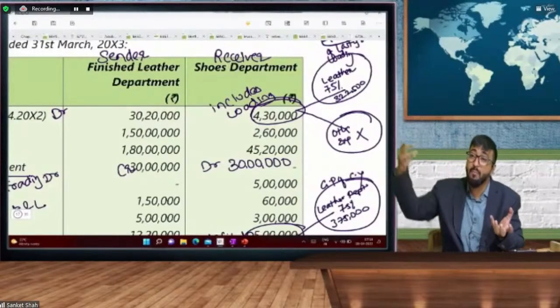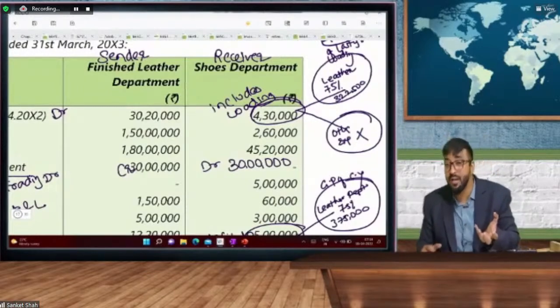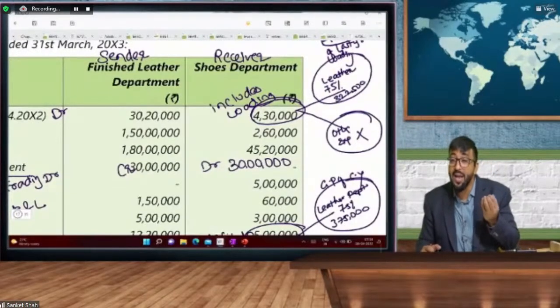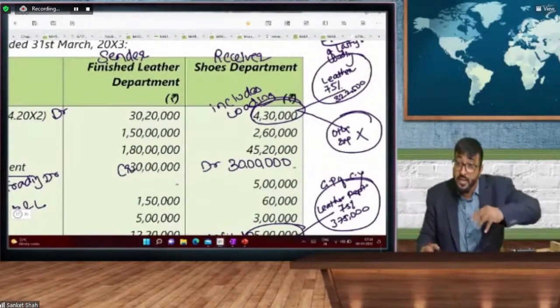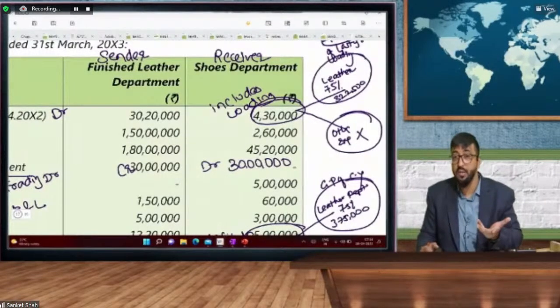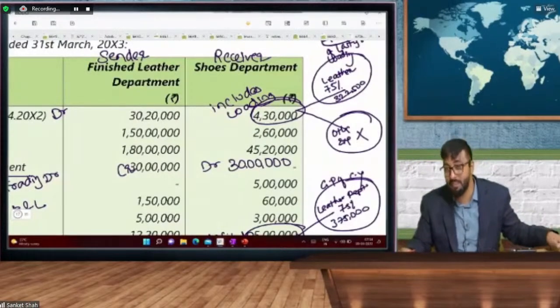Loading is on the material received from dad, that is the sender department. So if he has 4,30,000 total opening stock, out of that his own expenditure is 25%, and 75% is received from the sender's department, that is finished leather.